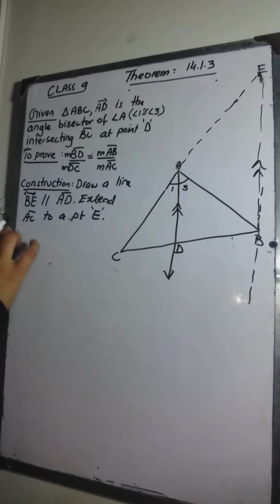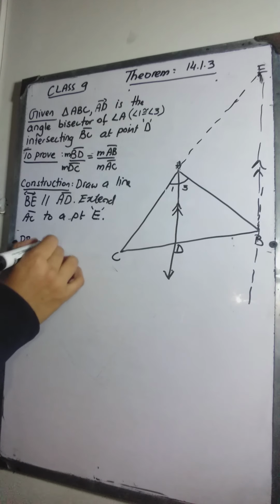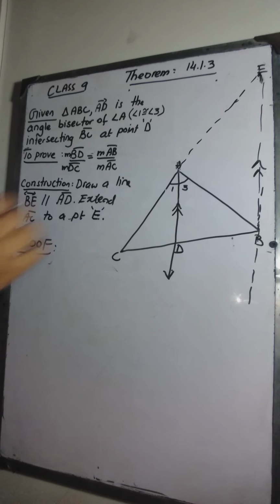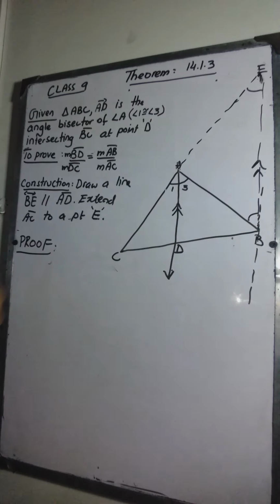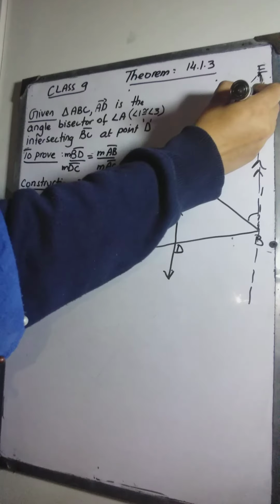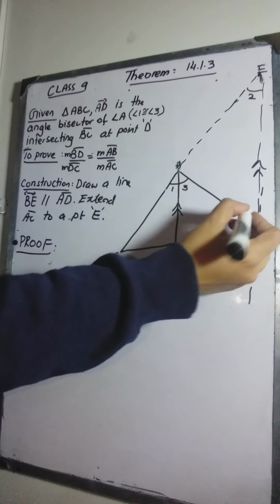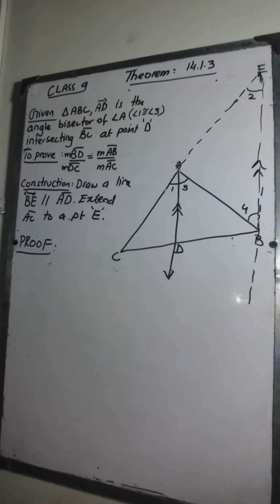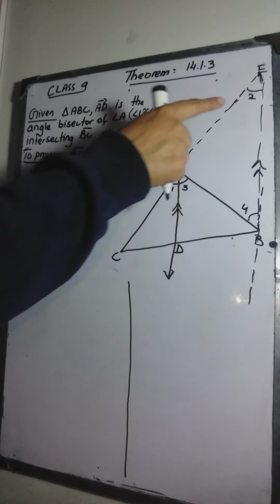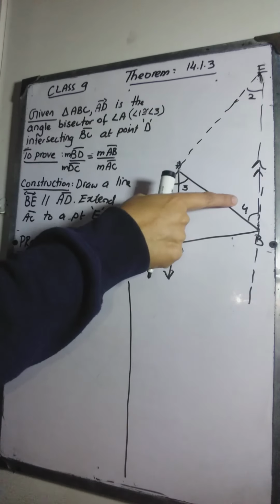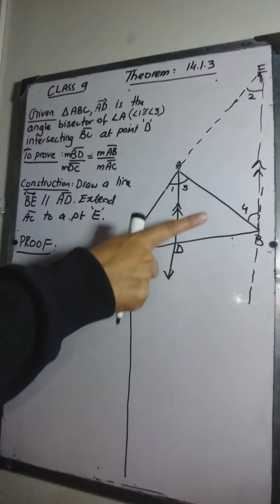Now in order to start the proof, you are going to name the angles which are here and here. Name these angles as angle 2 and angle 4. Now what we are going to do is, first of all, we will make these two angles congruent. This will be the first step.